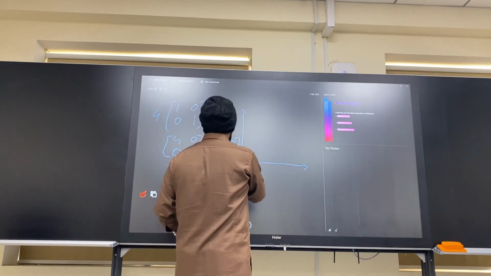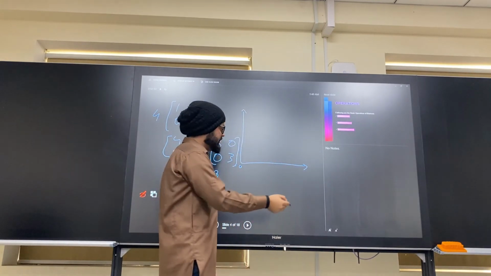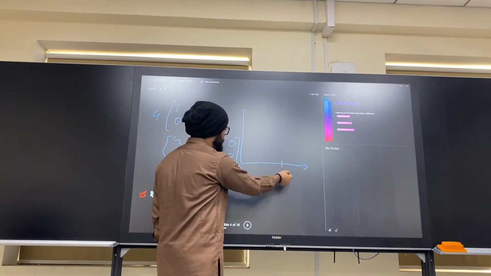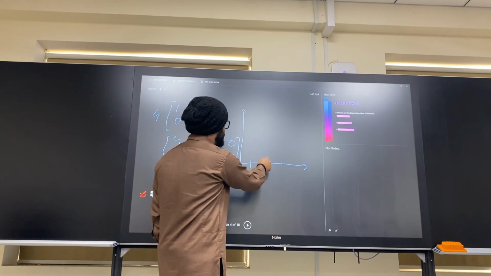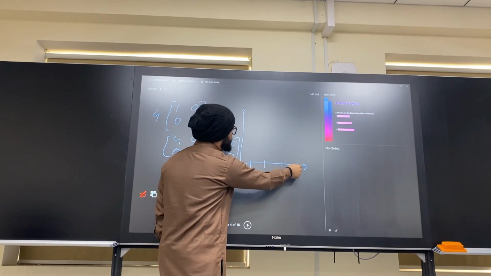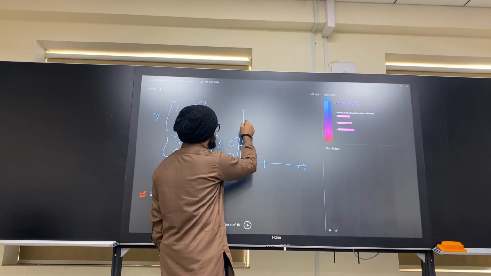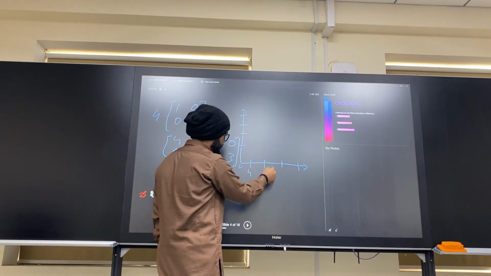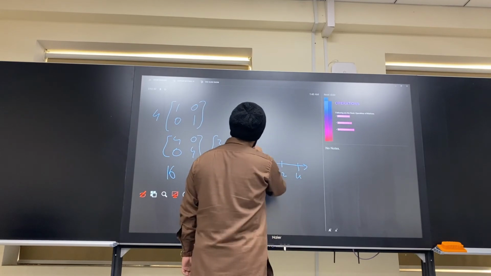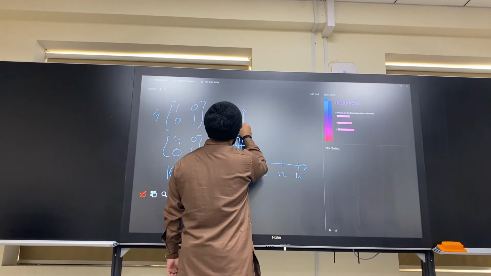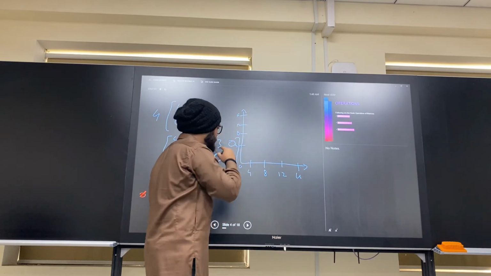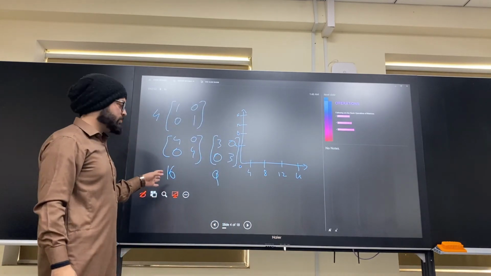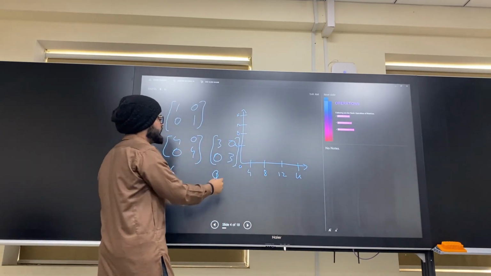So now if we put this on the graph, this is 1, 2, 3. So let's say this is 4, 8, 12, 16, 4, 8, 12, 16. So with the first value, when we try to put it on the graph, it is 4 and 4.